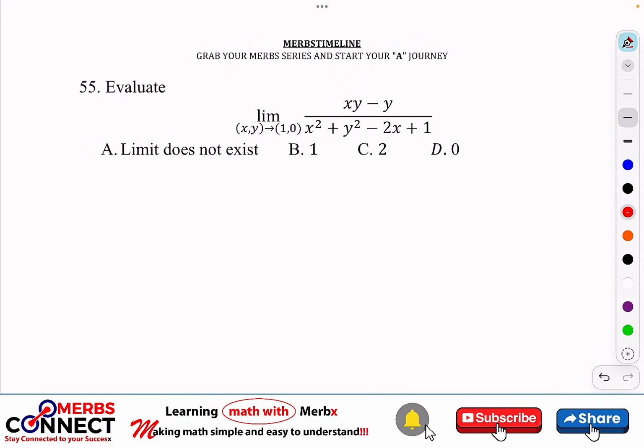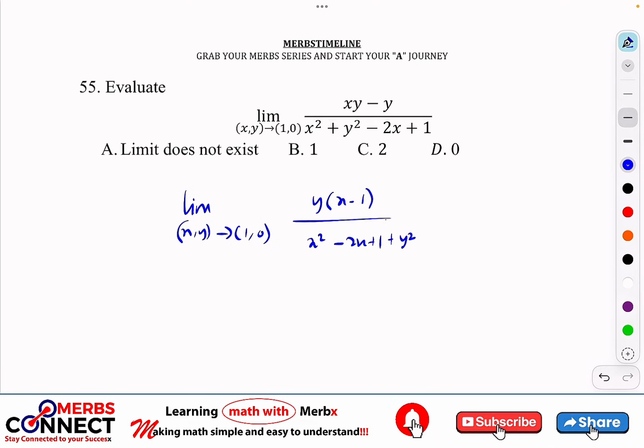Let's try this question here. Can we use polar coordinates? Let's think about it. I don't think so. But let's think about this. (x, y) is approaching (1, 0). Here I can factor y out and have this. And I can write this one as x squared minus 2x plus 1 plus y squared, right?